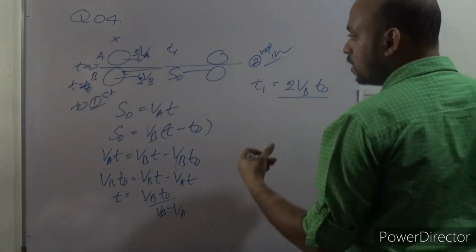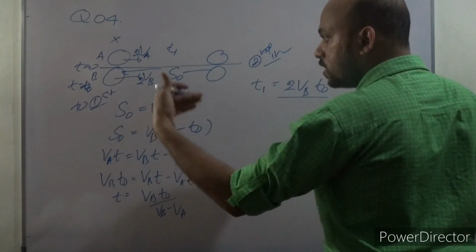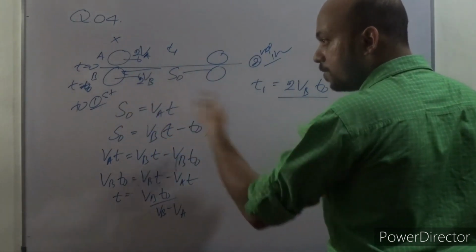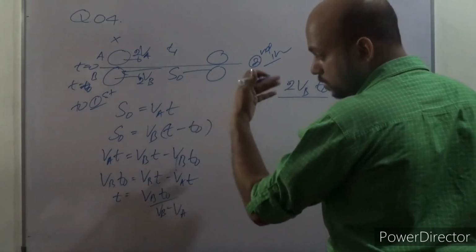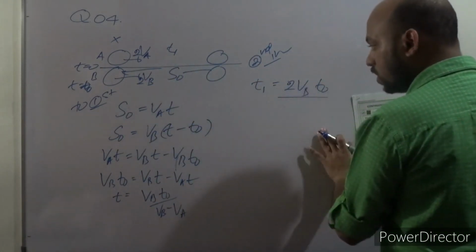Suppose in the first instance B starts its motion after 2 seconds when A departs; in the second instance it is also the same 2 seconds. It means t0 is not changed.